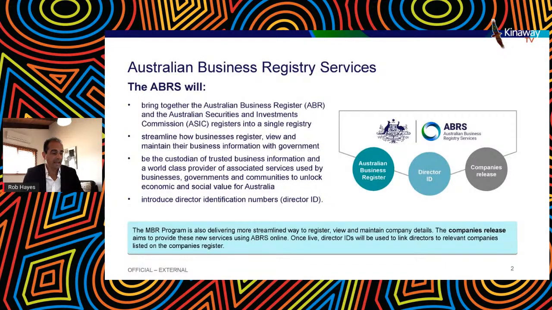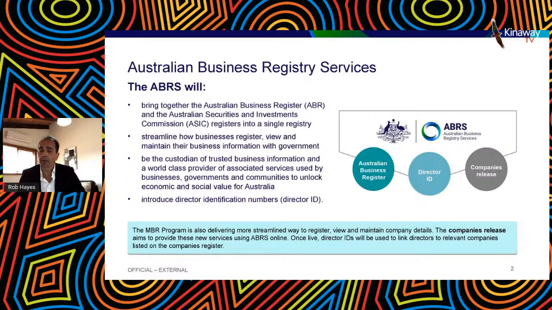So a quick recap in relation to the creation of the Australian Business Registry Services. The ABRS is very much a part of the 2020 Budget Digital Business Plan the government announced as part of the Modernising Business Registers program.